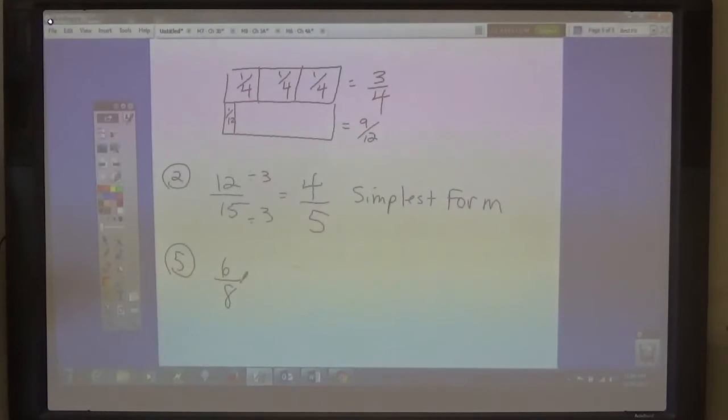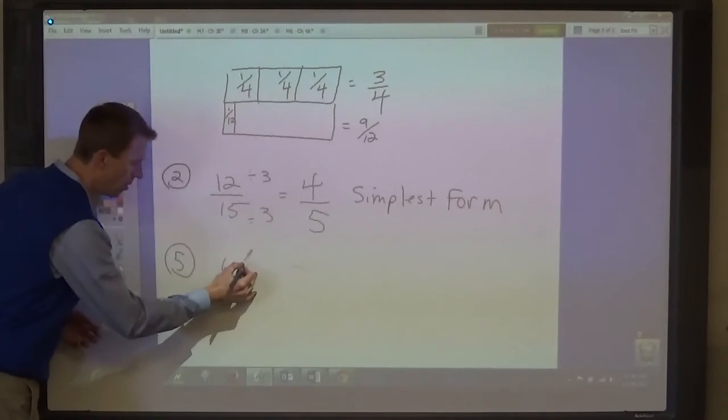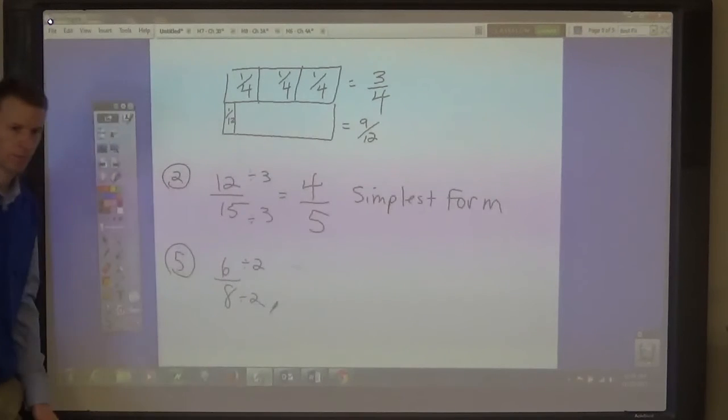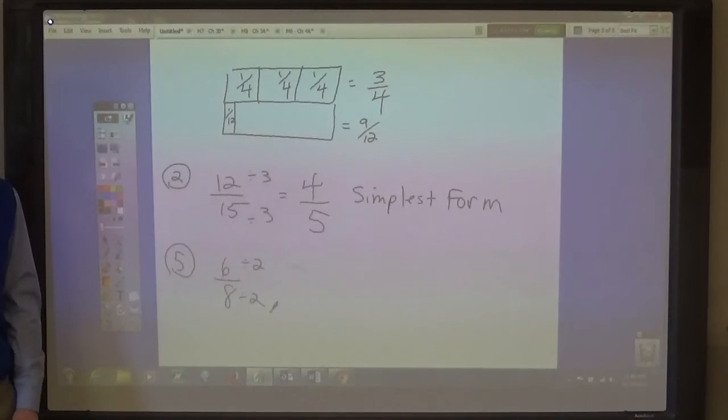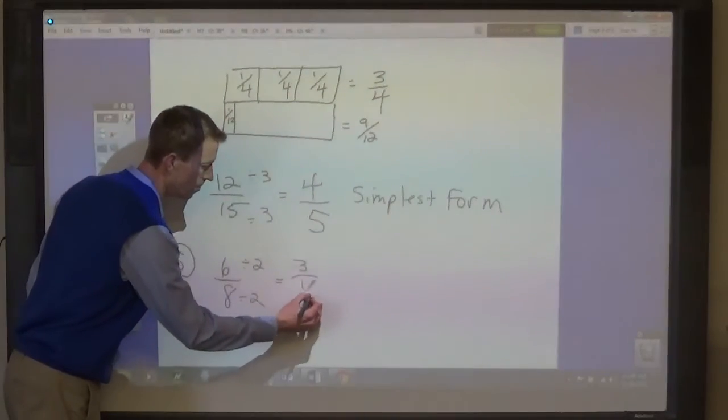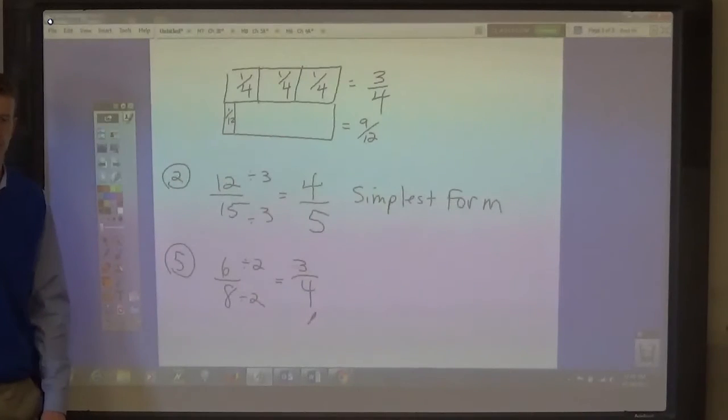What is their common factor? What number goes into both 6 and 8? Megan? 2. So divide them by 2. What do you get? 3/4. Okay?